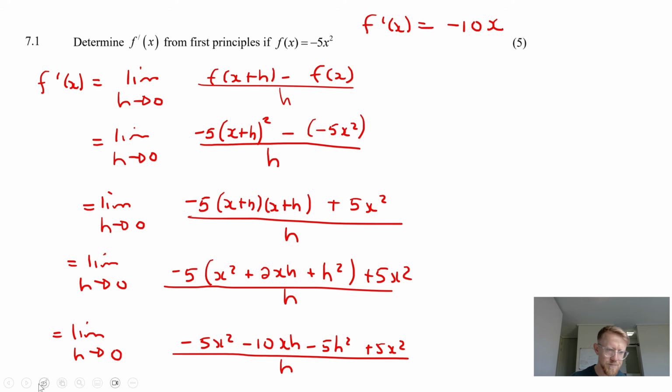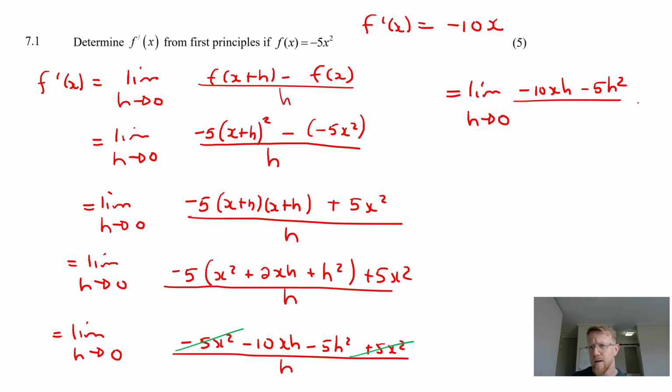Okay, so what we can see is that this and this cancel, and so now we can go to the next part, limit as h goes to 0, and then we're going to get minus 10xh minus 5h squared over h. Okay, all you do at the top now, take out a common factor of h.